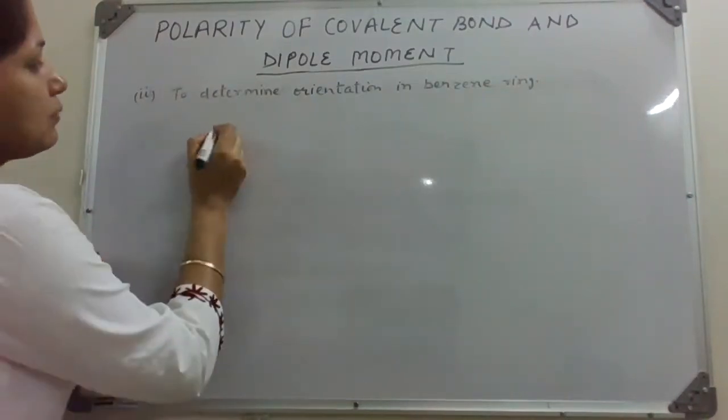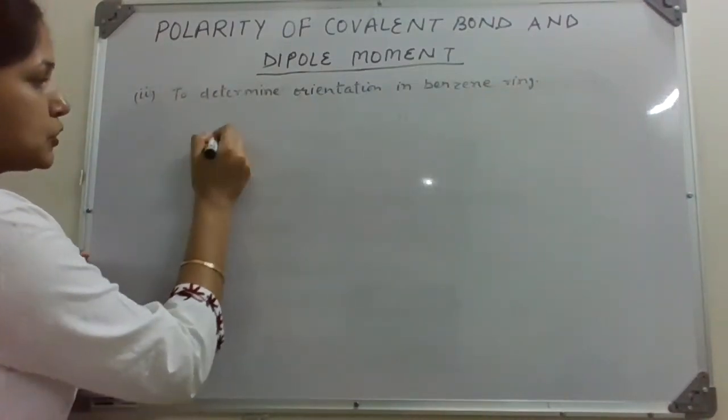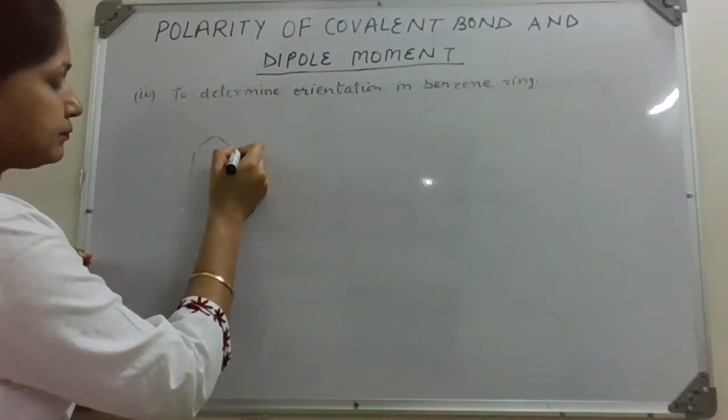Let's write the possible structures of a substituent in a benzene ring.